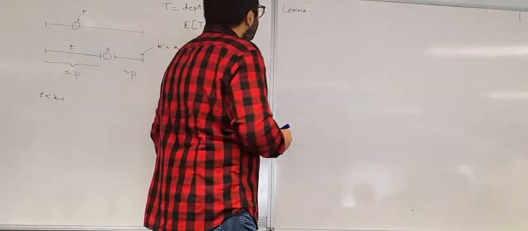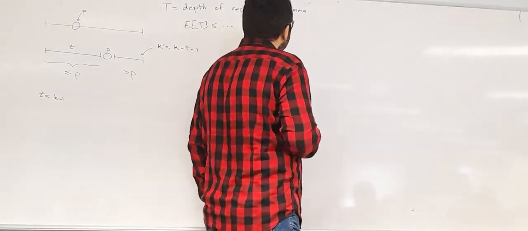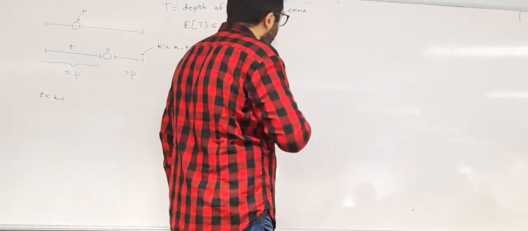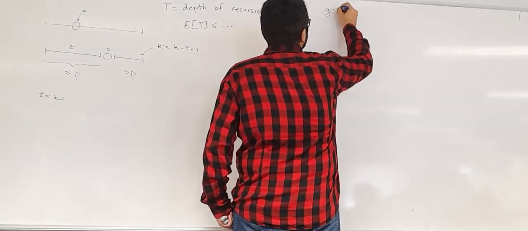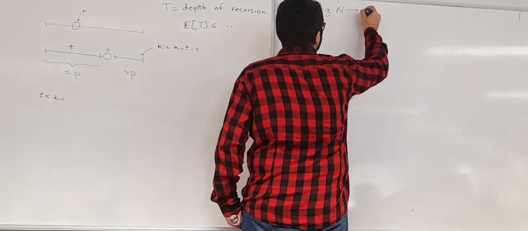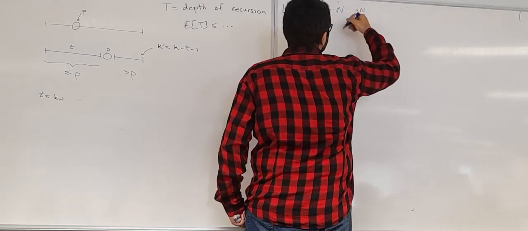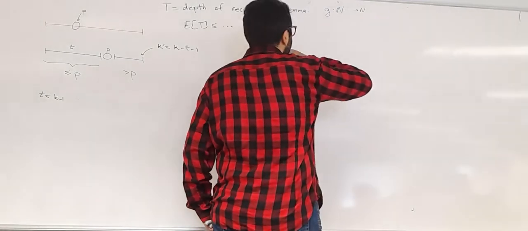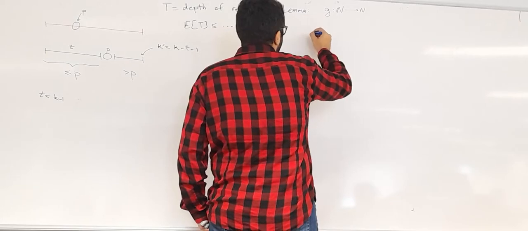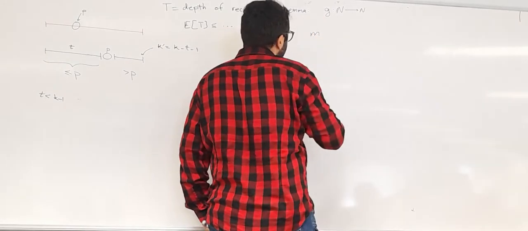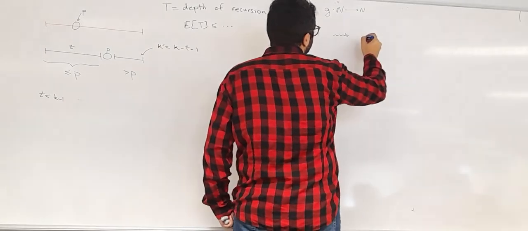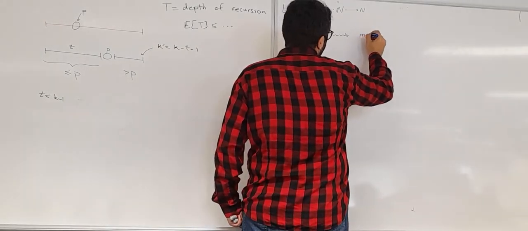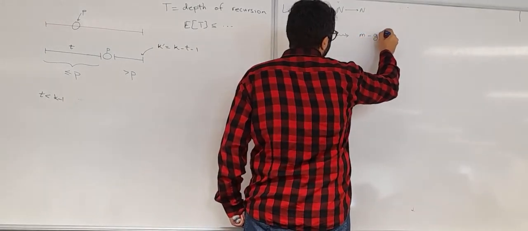And the way I want to think about it is that I have a function g that goes from natural numbers to natural numbers, let's say, or maybe from Z to Z. And I want to say that if my instance size is m, then on average, in one step, I will go to an instance that has a size that is m minus g of m.